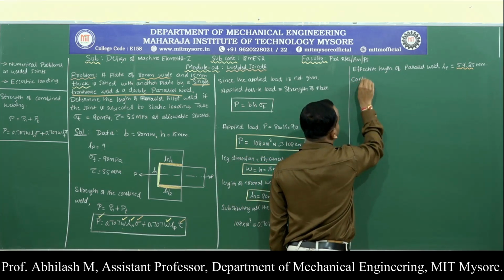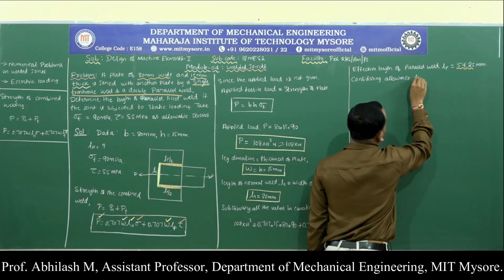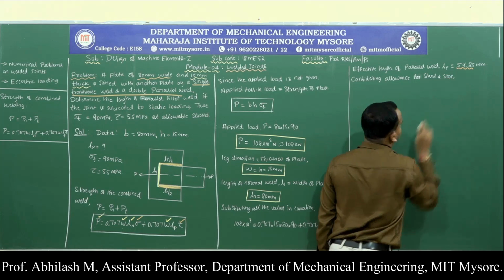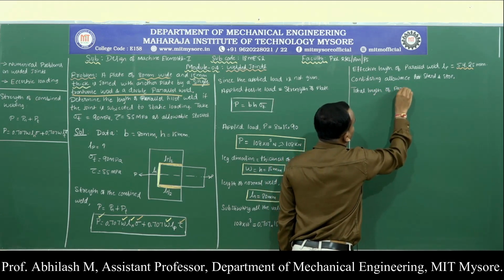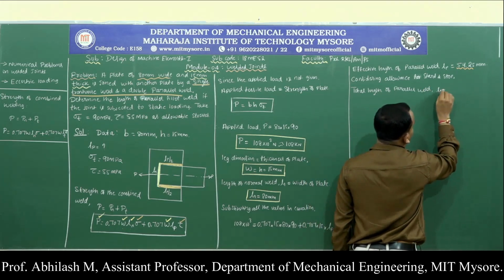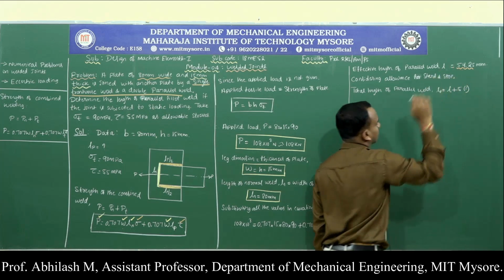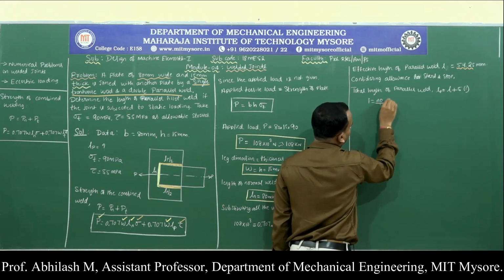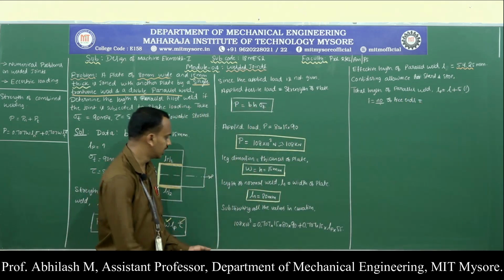So considering allowance for start and stop, the total length of the weld, the total length of parallel weld, L is equal to L plus phi I. Here let us represent only with respect to L. So where this phi is the allowance, I is the number of free ends, where the number of free ends, here it is only 2.